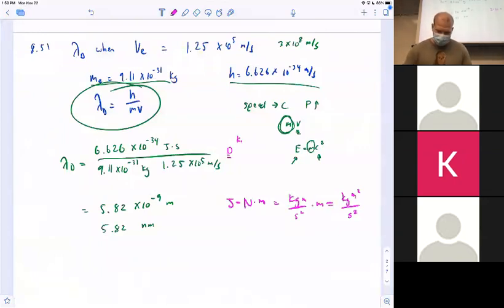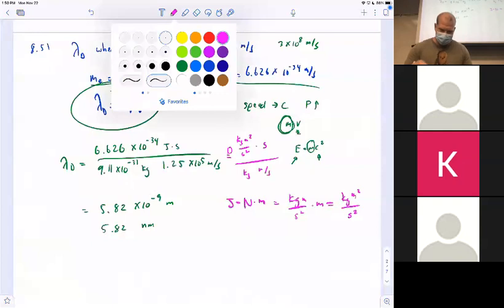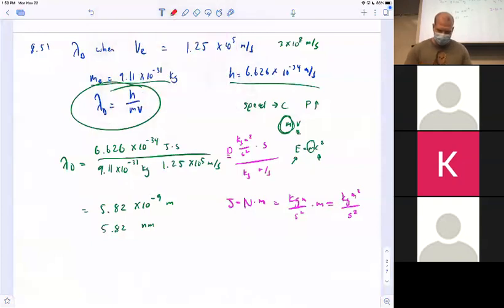So we have kilogram meter squared per second squared times a second, all over a kilogram meter per second. Then we look to see what cancels. The seconds cancel, the kilograms cancel, the meters cancel, and we're left with meters. So if you wonder where the units all come from.